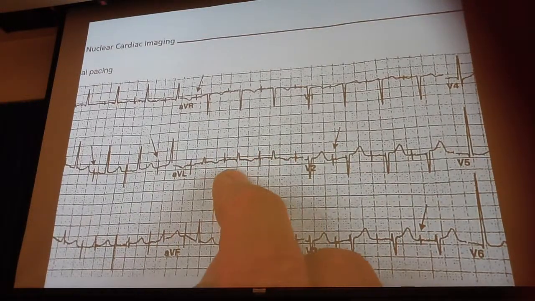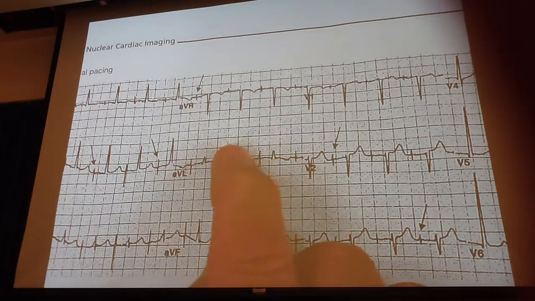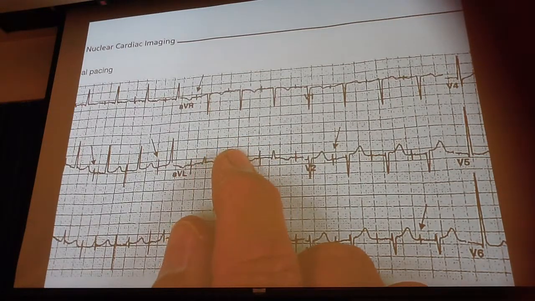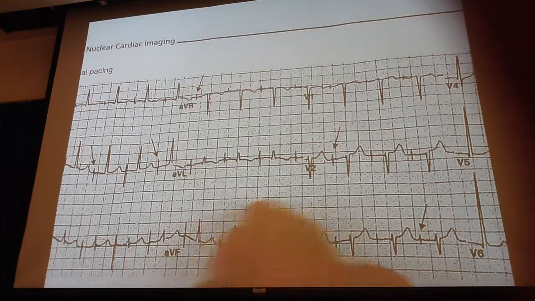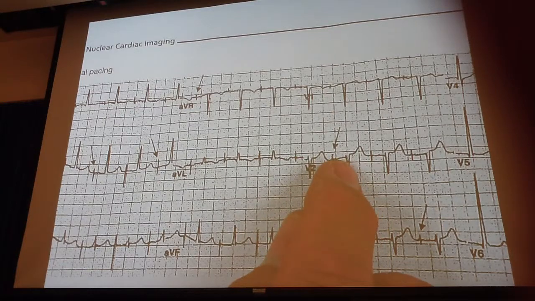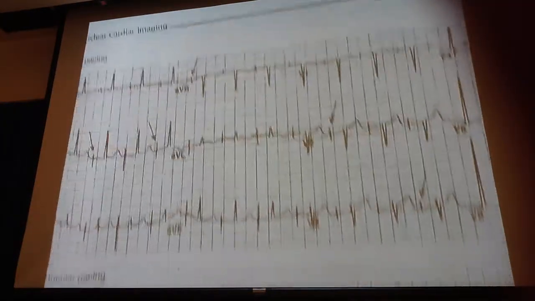You'll probably know that immediately because when you start imaging, you'll probably see that negative defect where the pacemaker is taking up space in the heart. But just be aware that if you see it before the P wave or right after the T wave, it's an atrial pacemaker.